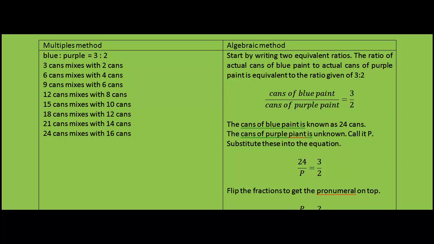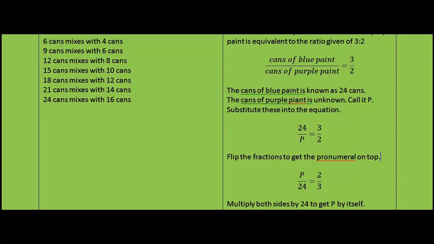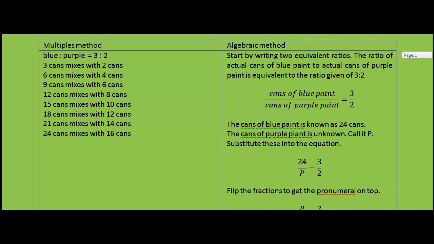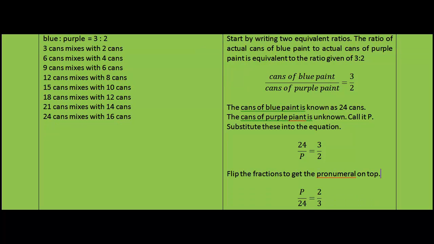In most cases, a much better solution would be to use the algebraic method. Again, as we've seen in past videos, we start by writing 2 equivalent ratios. The ratio of actual cans of blue paint that will be needed to actual cans of purple paint is equivalent to the given ratio of 3:2. We can write this as an equation. However, we know something about the blue paint. We know that the painter has 24 cans of blue paint already.